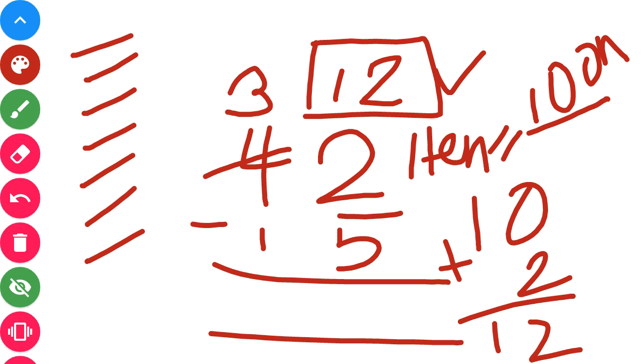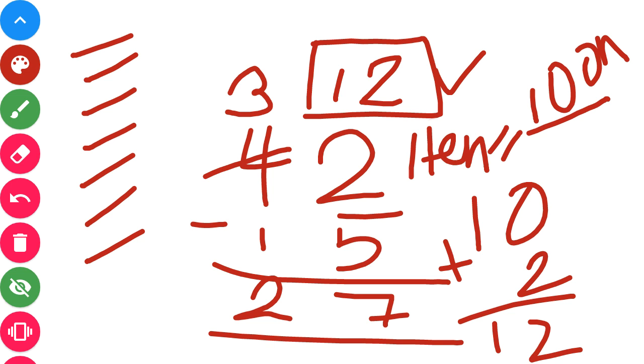How much have we got? 1, 2, 3, 4, 5, 6, 7. We have got 7. Now this 4 is now a 3. So 3 minus 1, what will we get? 3 minus 1 we will get 2. Okay?